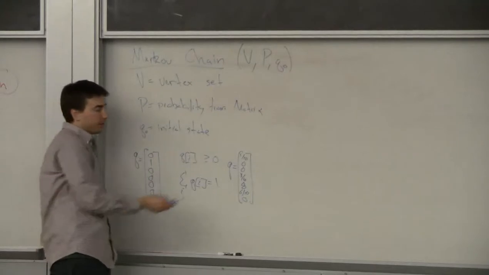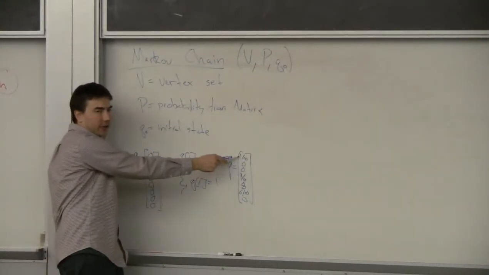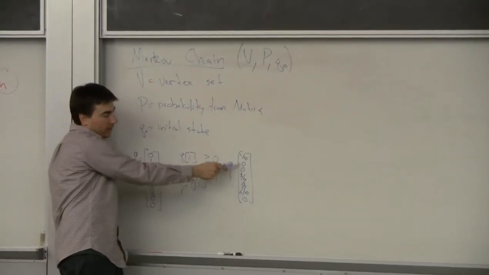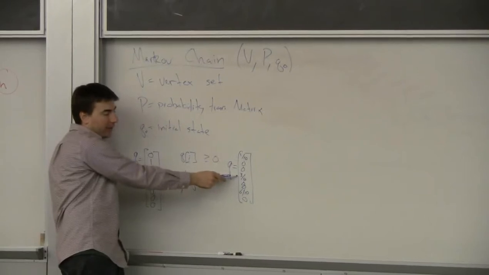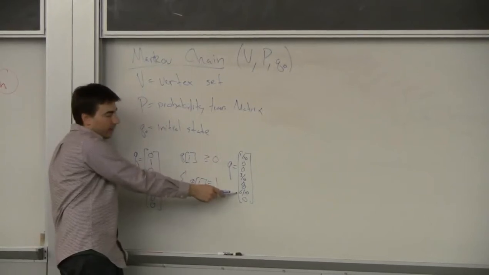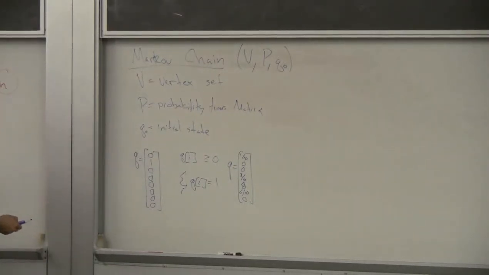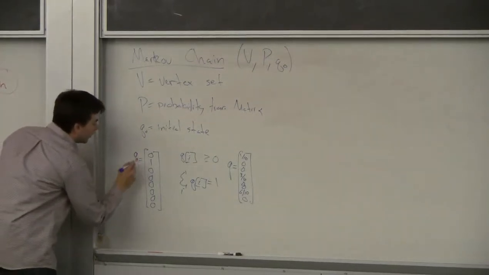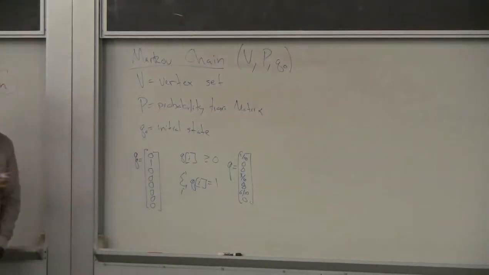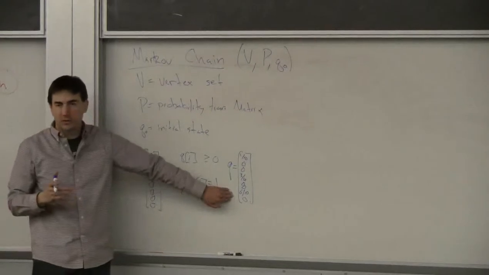This is saying with probability 1/10, I'm in state A. With probability 3/10, I'm in state D. With probability 6/10, I'm in state F. Okay, so in our example, we use this one as Q0, but it could be distributed in these different ways.